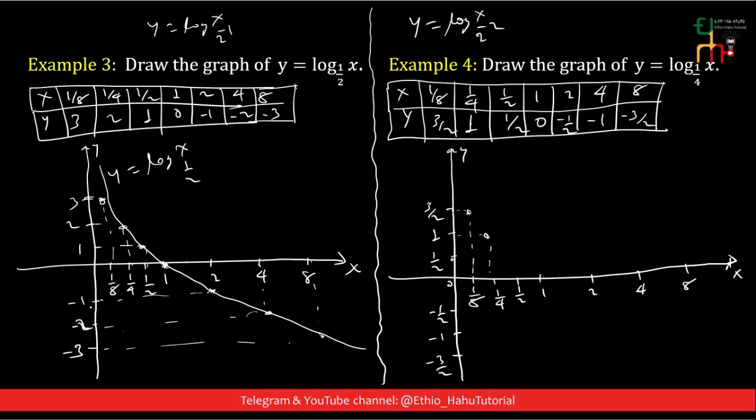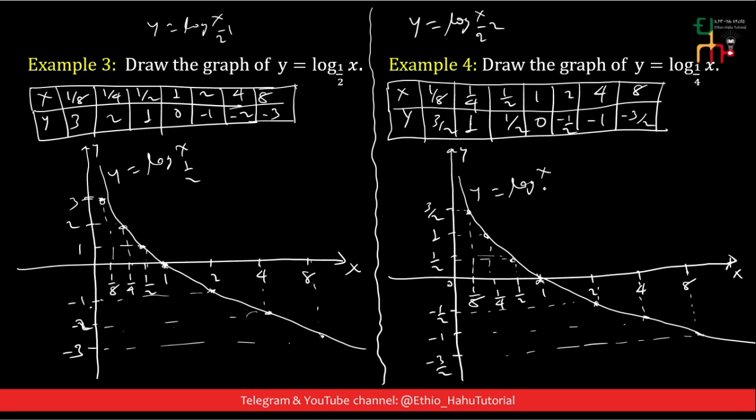When x is equal to 1 over 2, y is 1 over 2. When x is equal to 1, y is 0. When x is equal to 2, y is minus 1 over 2. When x is equal to 4, y is minus 1. And when x is equal to 8, y is minus 3 over 2. If we draw this graph roughly, it is y is equal to logarithm of x to the base 1 over 4.